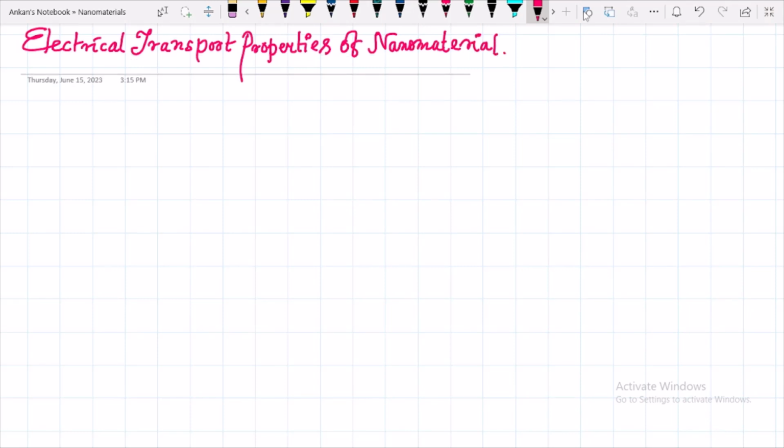Till now, what we have discussed is nanomaterial. What are nanomaterials? What is the length scale used for discussing nanomaterials? And how can we produce nanomaterials?